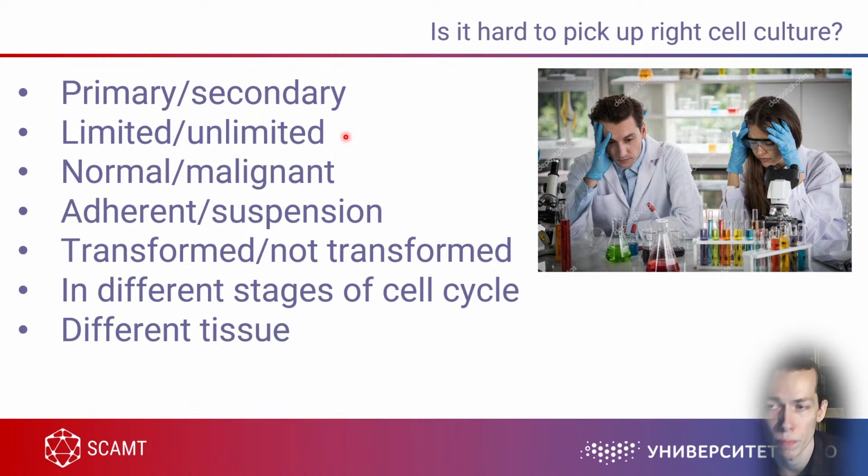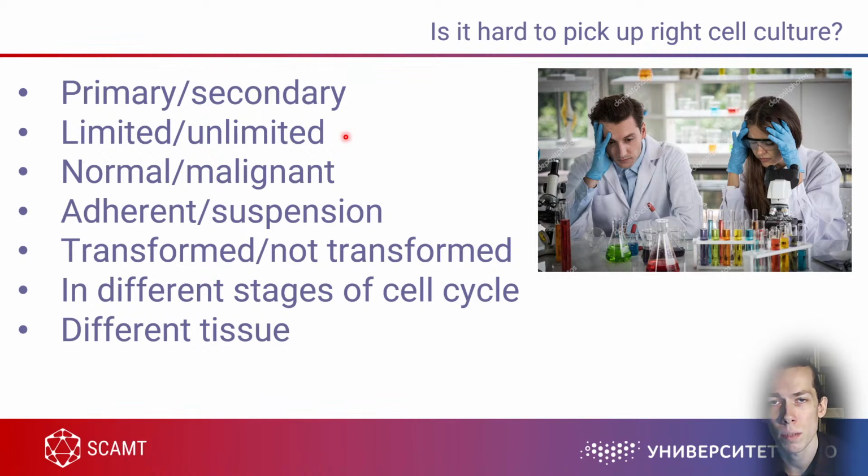Why is this important? For example, just imagine you synthesize some nanoparticles. It doesn't matter, hafnium nanoparticles, magnetite, chitosan nanoparticles, and you want to test their cytotoxicity. And you come to a cell biologist with some nanoparticles and ask to test them. Now it's up to the cell biologist, not up to you, to choose a proper model for testing.